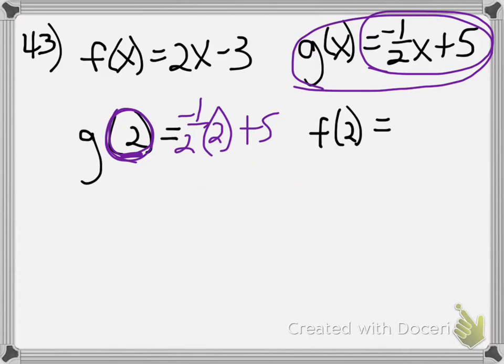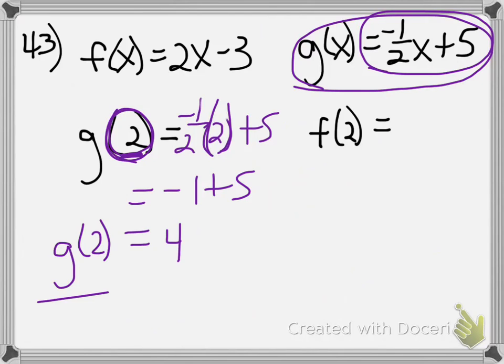Negative 1/2 times 2 is negative 1 plus 5. Negative 1 plus 5 is 4. So g of 2 is 4.